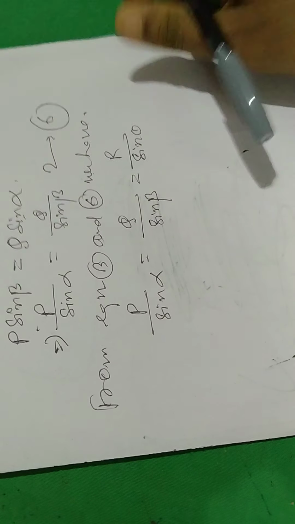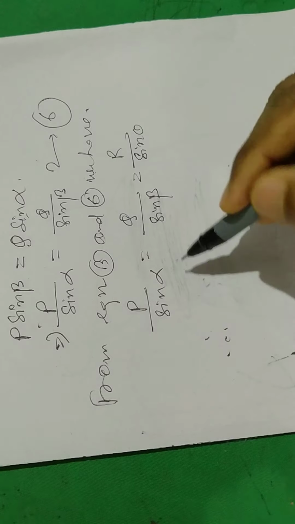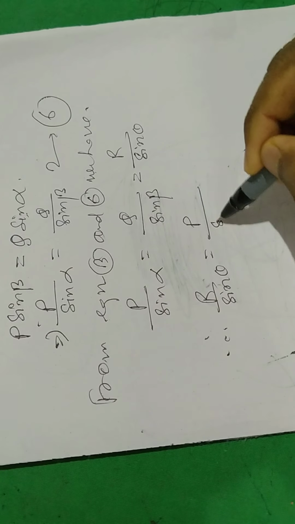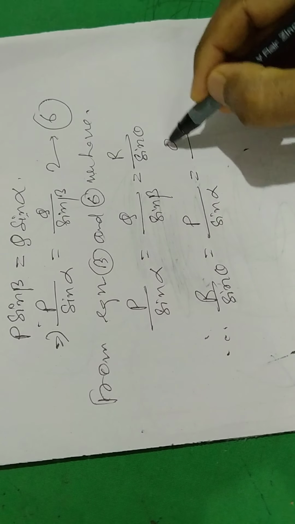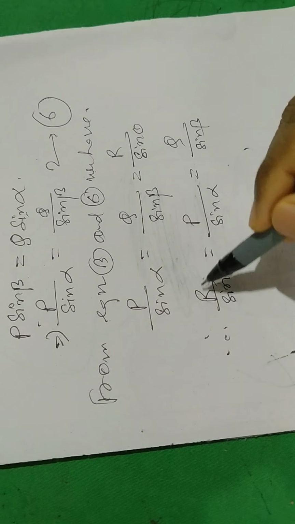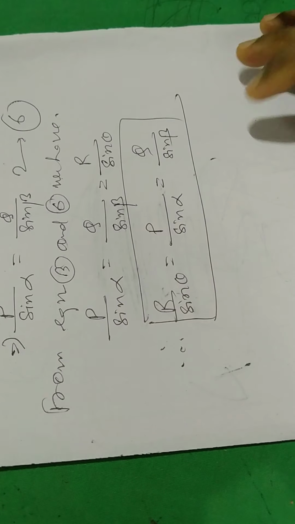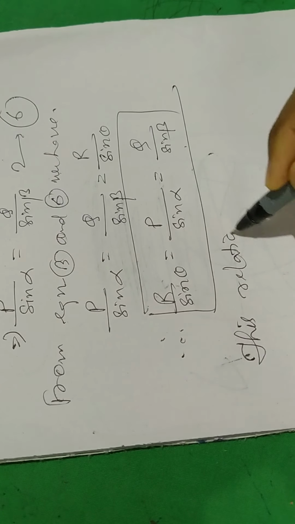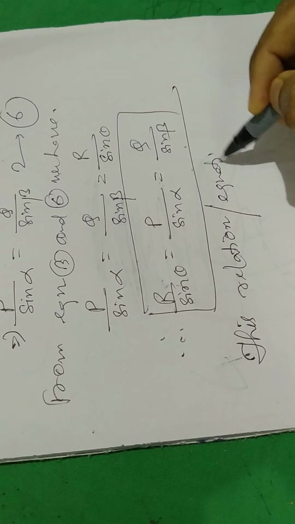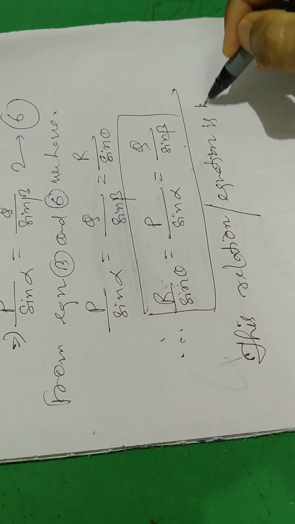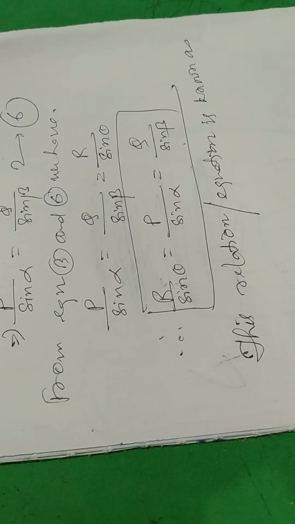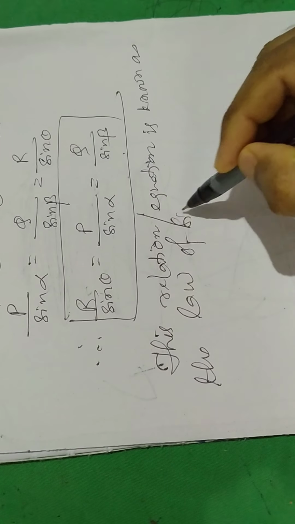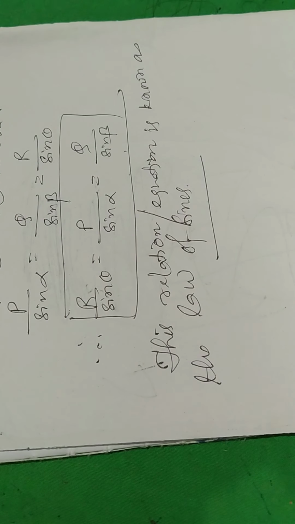Therefore, R by sine theta equals P by sine alpha equals Q by sine beta. This relation is known as the law of sines. Thank you.